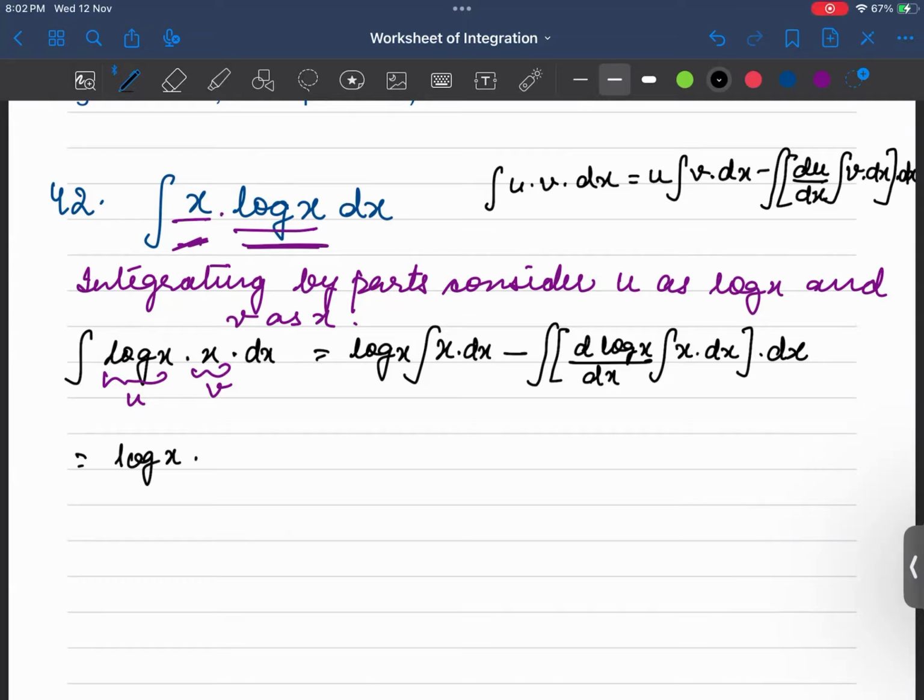It would be x square upon 2. Integrating of x is 2 minus integrating. First of all, I will solve it. Differentiate log x would be 1 upon x. I think. Is it clear?